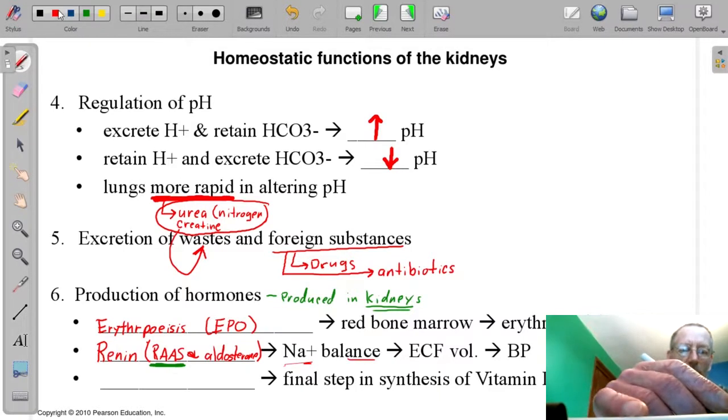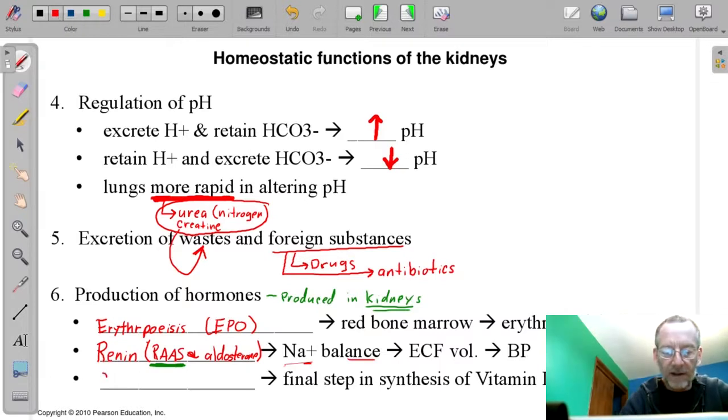And the final hormone we could mention is calcitriol. Calcitriol is a steroid hormone, and it's involved with the final step in synthesis of vitamin D and calcium absorption.